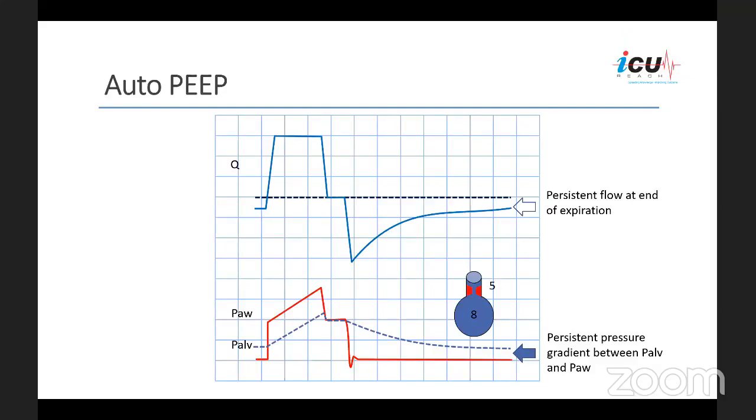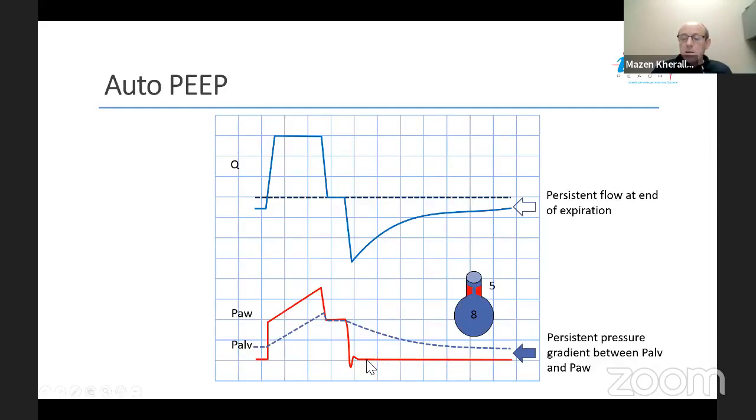So what you measure on the ventilator is the airway pressure. You don't measure the alveolar pressure, and Auto-PEEP is alveolar pressure. So you can see here, this is the alveolar pressure and this is the airway pressure.